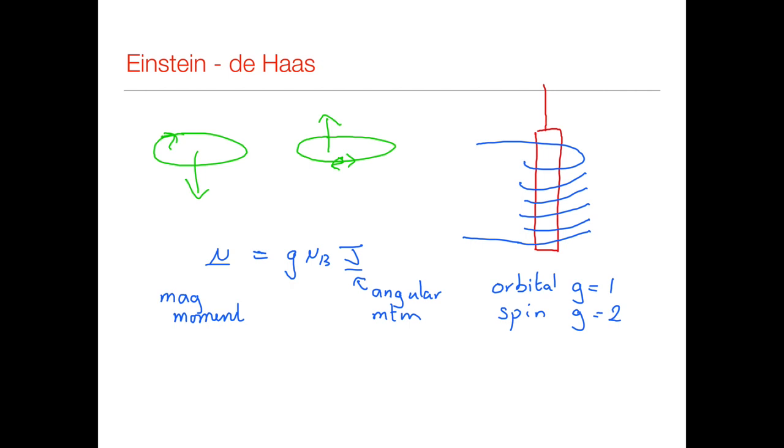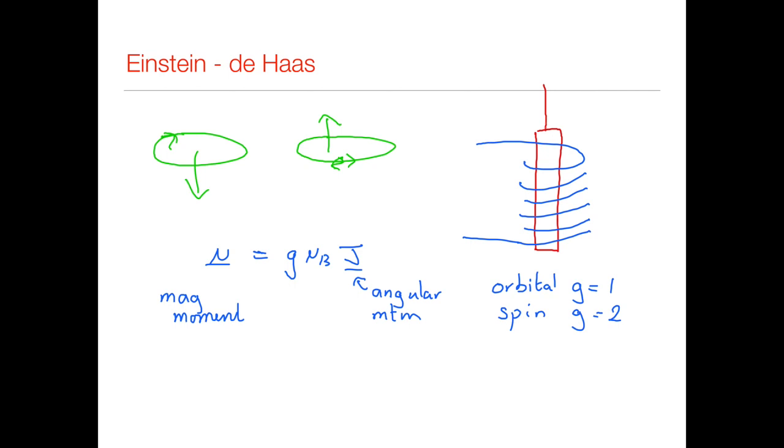You could do this type of experiment and calculate the G factor. It won't be 1 or 2, it will be the Landé G factor that we earlier derived, 6/7 or some other non-integer number. But this type of experiment would enable us to find out how much of the magnetism is due to spin and how much is due to orbital angular momentum.